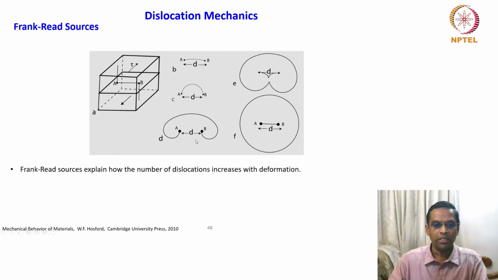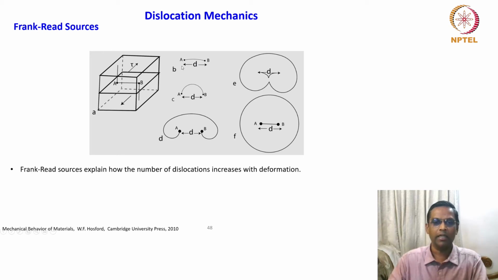And finally, these two ends of the enlarged loop try to come together and make contact, and then it becomes another fresh dislocation line, leaving a huge loop around it.